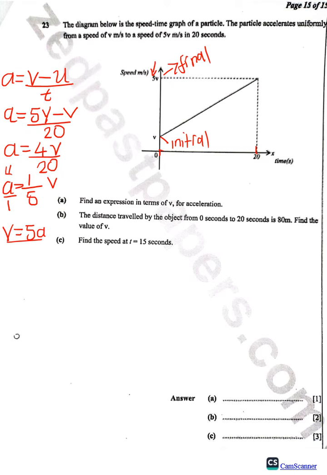Now the distance traveled by the object from 0 seconds to 20 seconds is 80 meters. Find the value of v. So let's find the value of v.